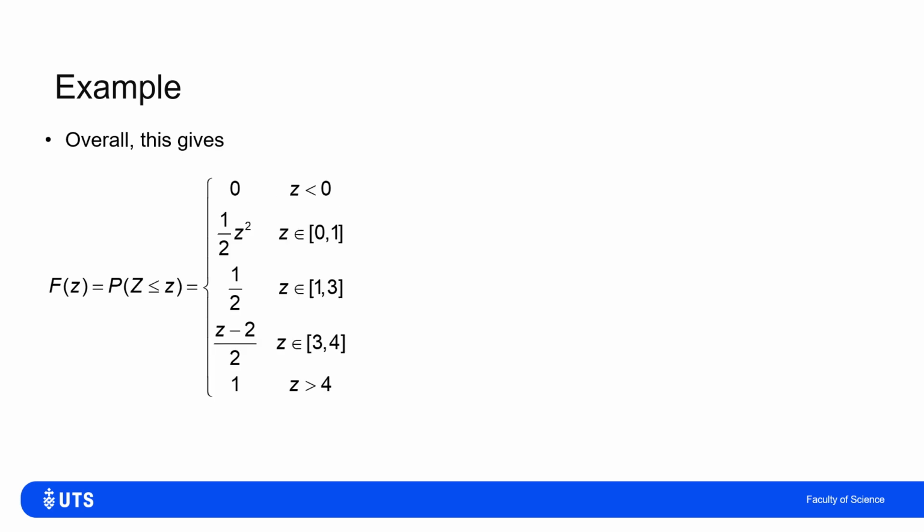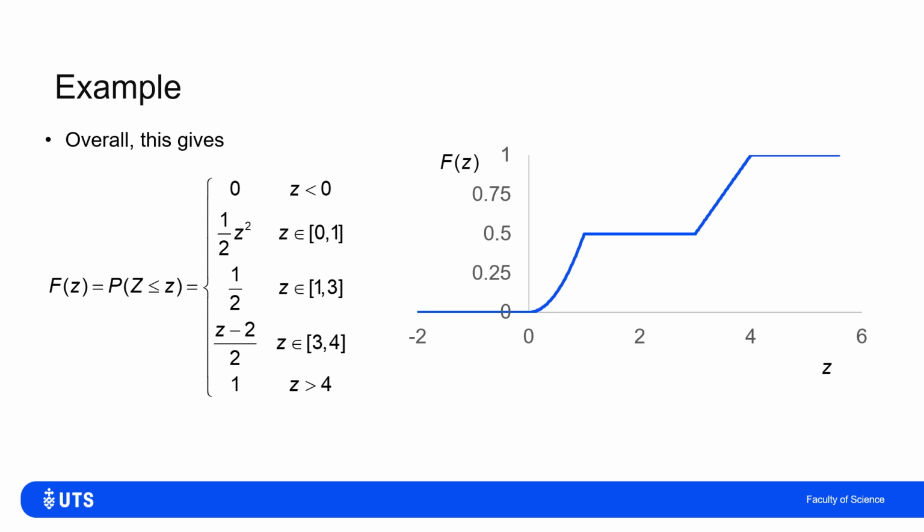So if I plot this admittedly crazy distribution up, it'll look like that. Nothing below 0, then this parabolic, this squared term between 0 and 1 until it reaches 1/2. Then it flatlines at 1/2 between 1 and 3 because there's no more density to accumulate.